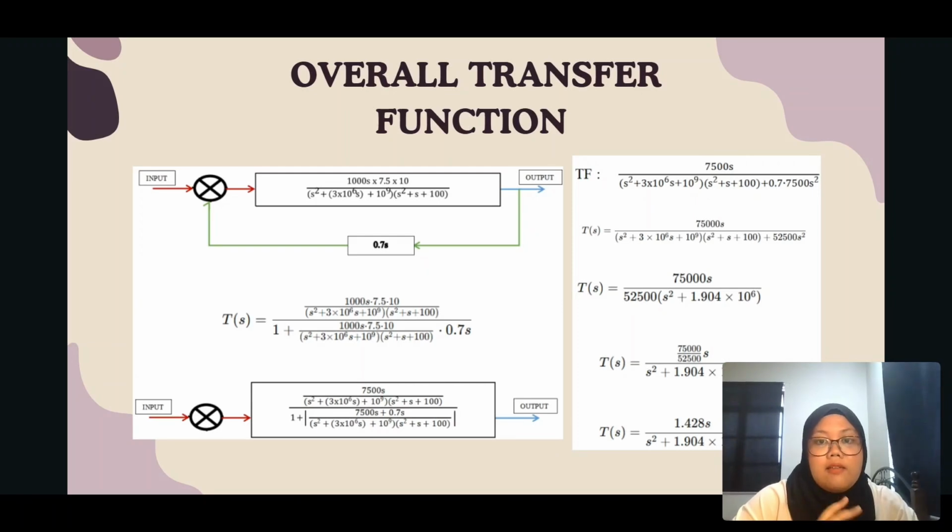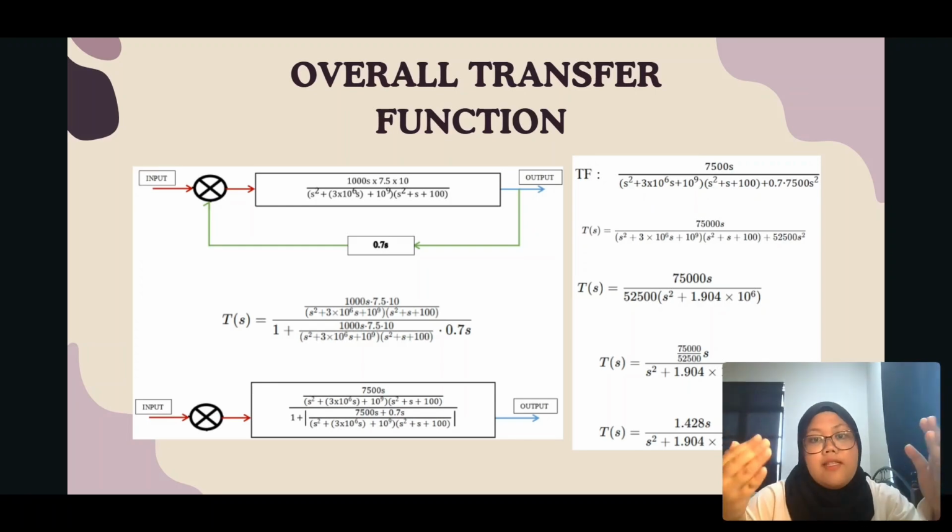For example, the rise time is calculated using the formula TR equal to 1.8 over omega n square root of 1 minus zeta squared, with omega n equal to 10 and zeta equal to 0.05. So the rise time is approximately 0.18 seconds.